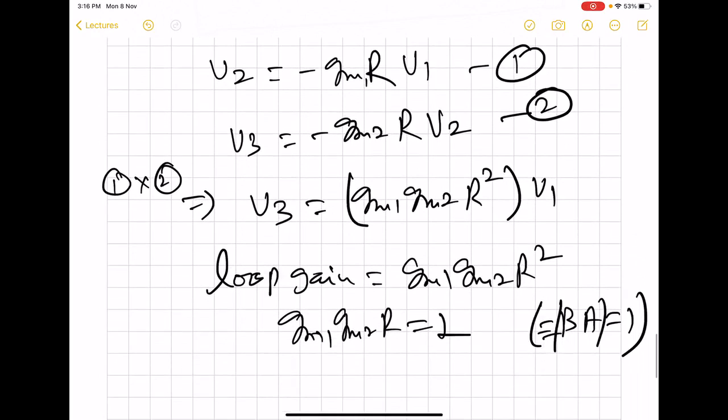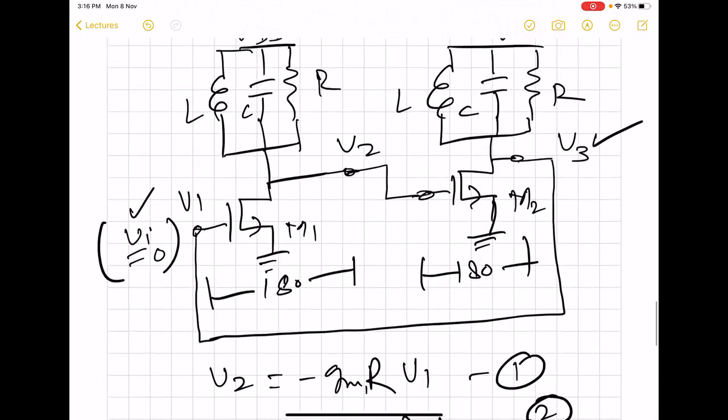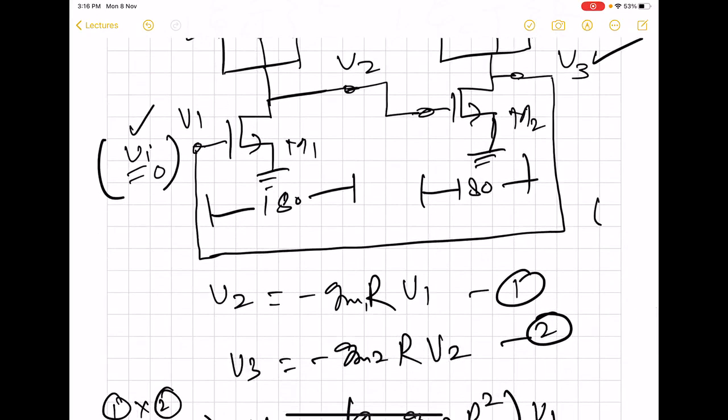So what will happen here is there will always be some thermal noise present in the circuit. That means there will always be some voltage. These voltages will be there. And then the frequency component at omega naught will be picked up, in the sense that for that frequency around this loop there will be a total of 360 degree phase shift.